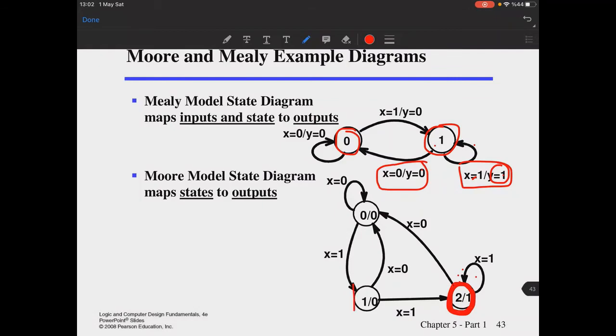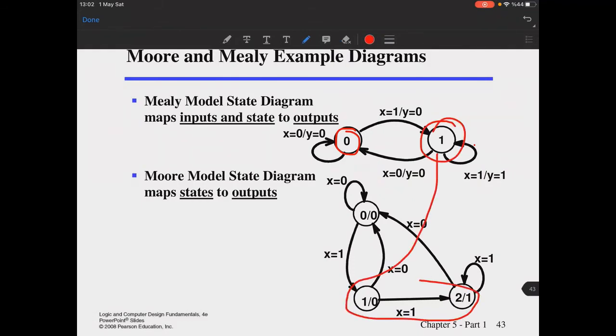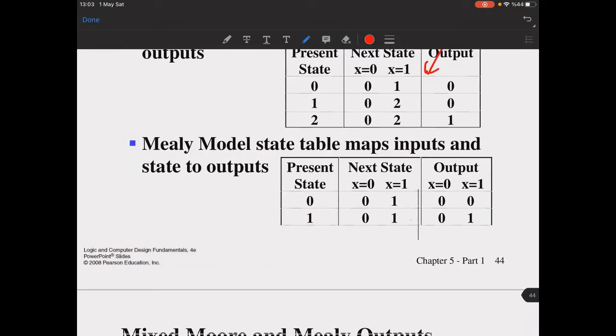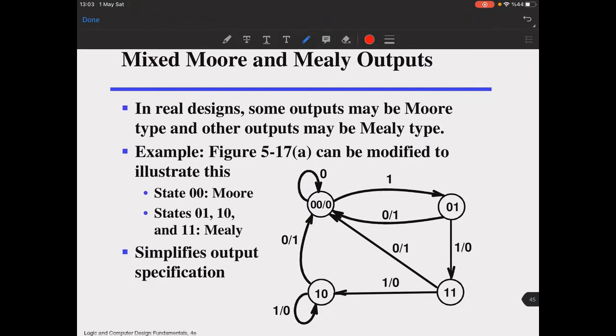And since this state is represented like this, you can see that it is returning to 0 in both types. So the Moore state table maps to state outputs, just a representation, that's it. And this is the Mealy model, where the state table maps the inputs and state to outputs.